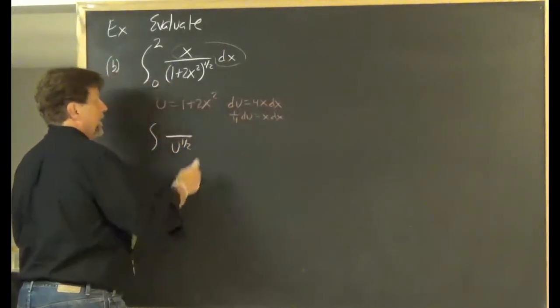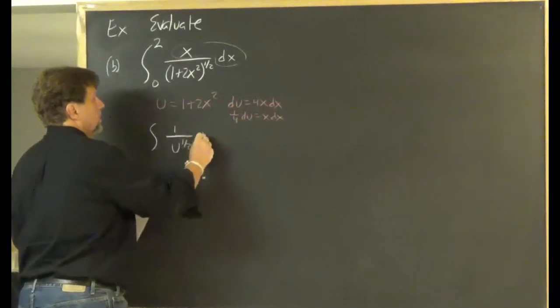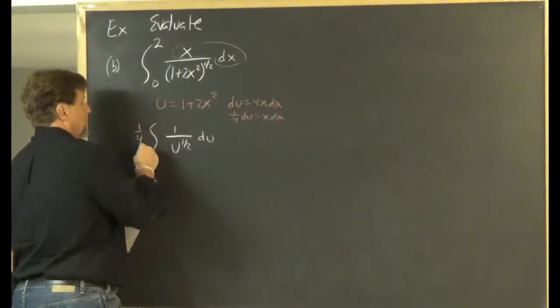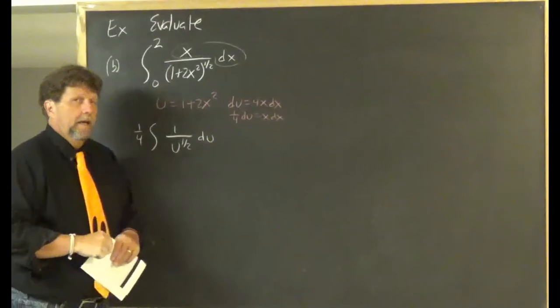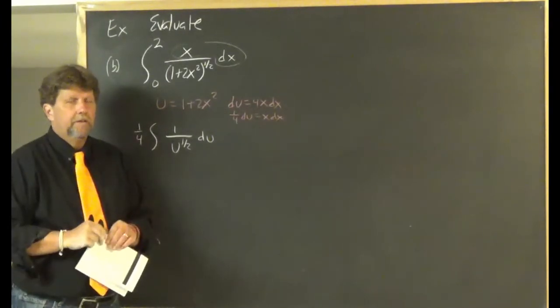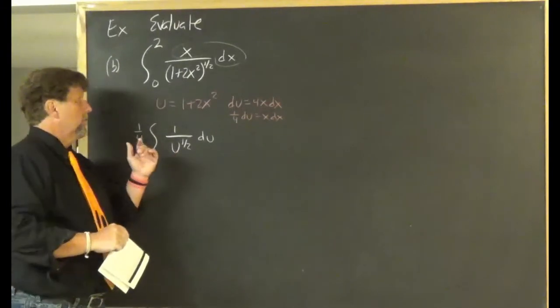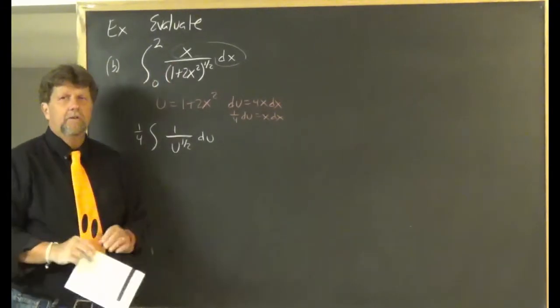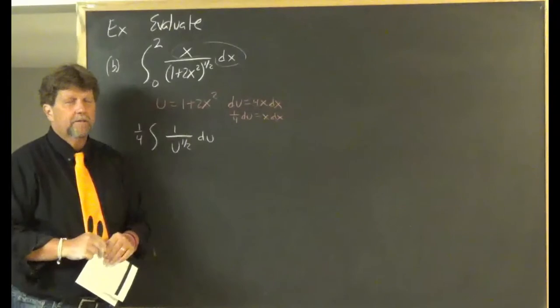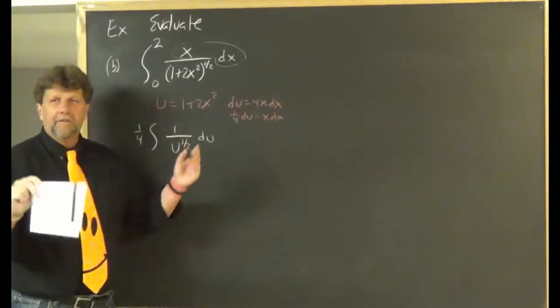So I substitute in a 1/4 du. And now I have to decide which route I'm going to go. Am I going to go route 1 or route 2? Leave the limits off or change these x limits to u limits. Remember, it doesn't matter. I'm going to leave the limits off.